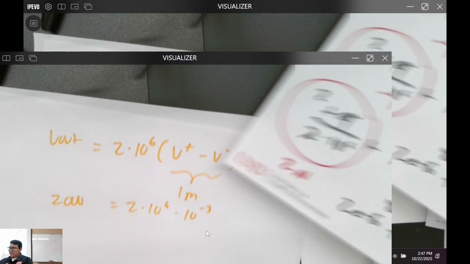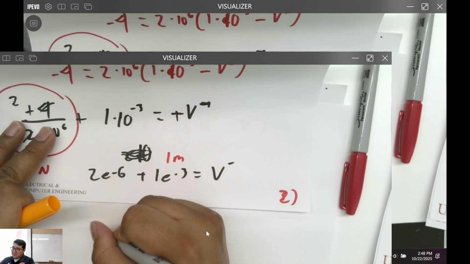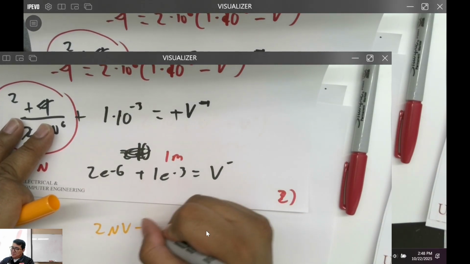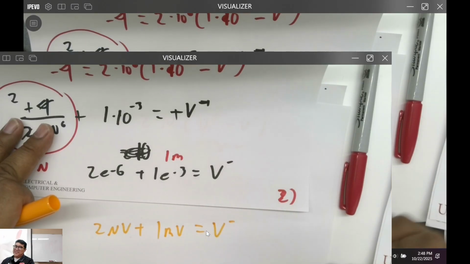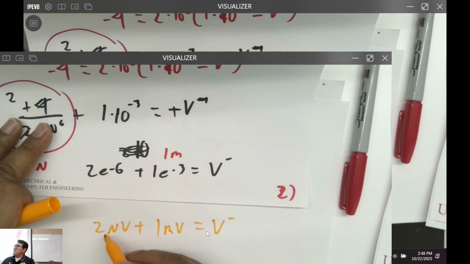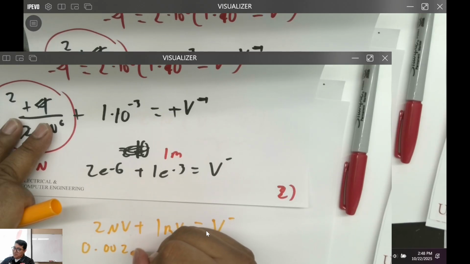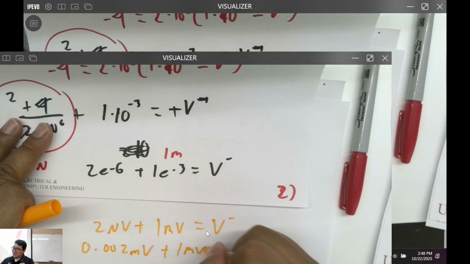All right, let's just redo this again. Okay, I got 2 microvolts, right? I'm just putting a random number right there. Plus 1 millivolt is equal to V minus, right? Another way of writing 2 microvolts is 0.002 millivolts, plus 1 millivolt.